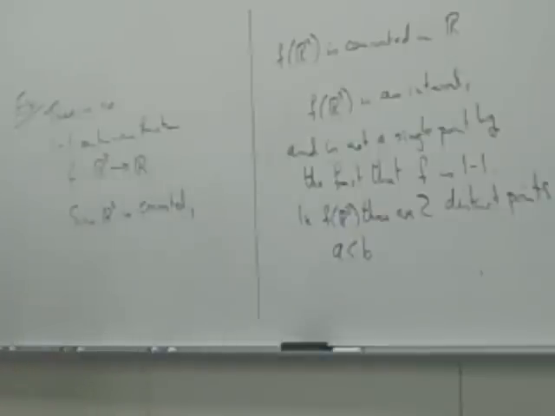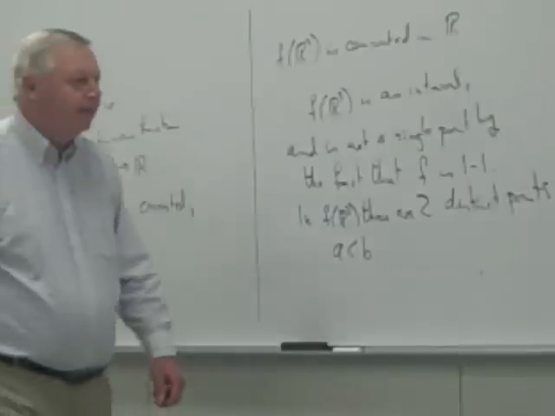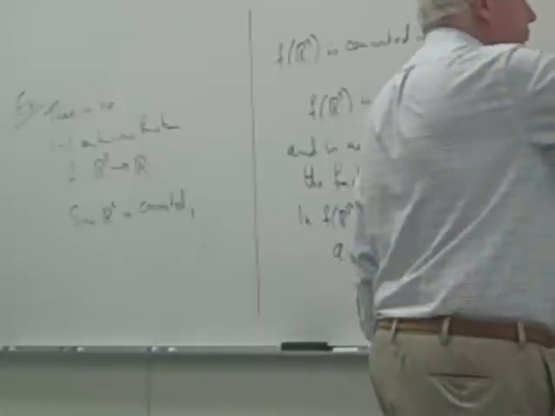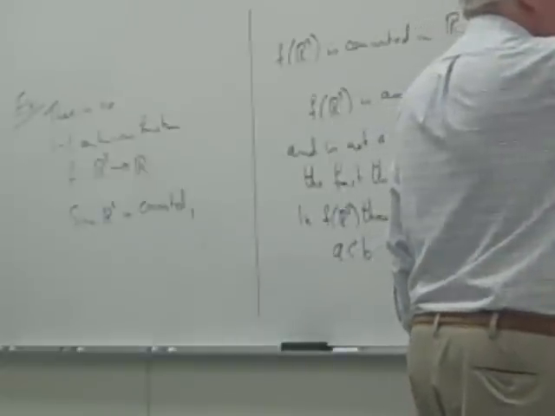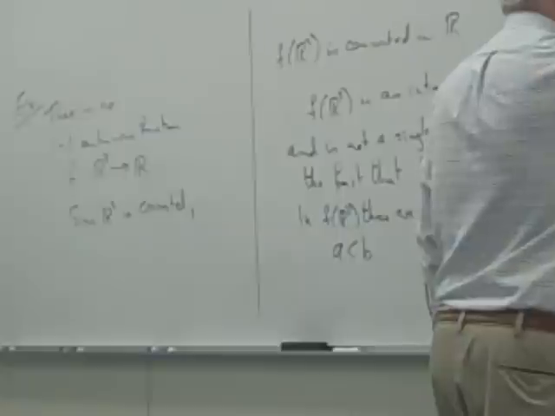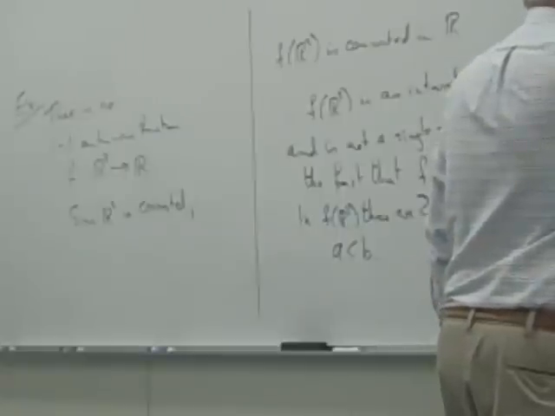So let's take any intermediate point, C. Now, because the range is an interval, that point C must be f of something.